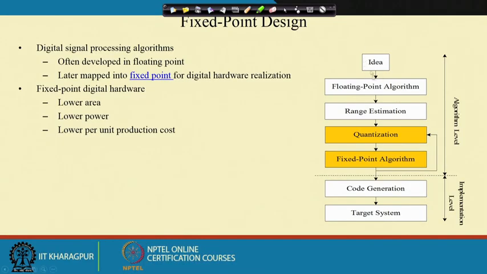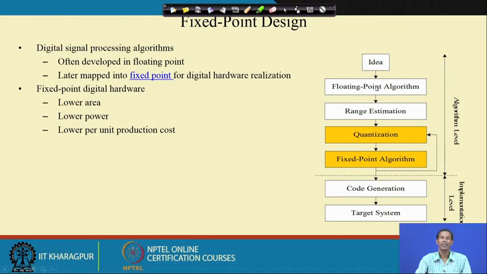So, whenever we do that, initially that idea is implemented using algorithms which work in the floating point domain. After that we calculate the range estimation. In any algorithm we perform some operations, or we implement a function, and the function depends on operators.